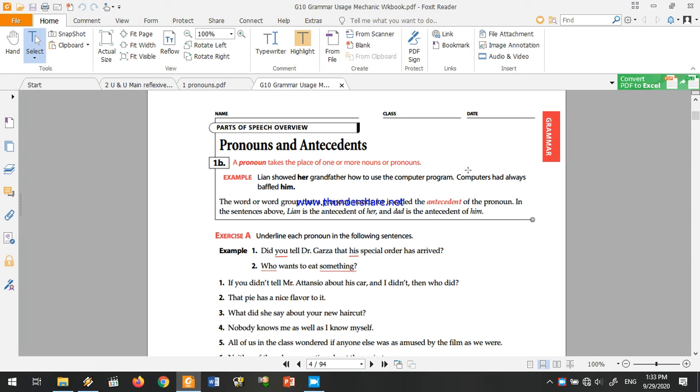He was wearing glasses. He here is a pronoun, the subject pronoun, and the antecedent is Omar, because he, as a pronoun, refers back to Omar. Okay, and we already talked about that last session.